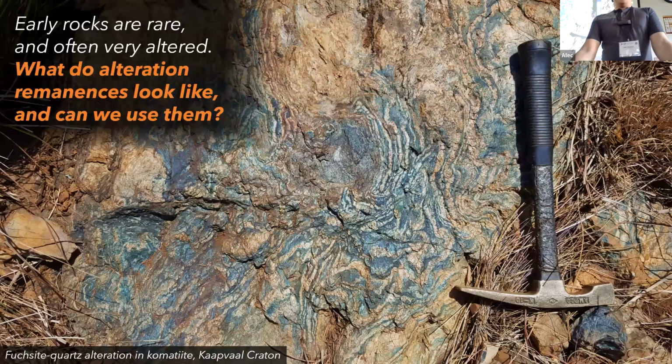But as anyone who has seen Archean rocks in the field can attest, there are some challenges inherent to working on these rocks. And foremost among them is just that very few of them survive today, right? That's because later plate tectonic processes have obliterated all but about 5% of surface rocks that date to the Archean. And as Tim so eloquently pointed out yesterday, what few rocks do remain have endured great offenses on their journey from the Archean to the present day.